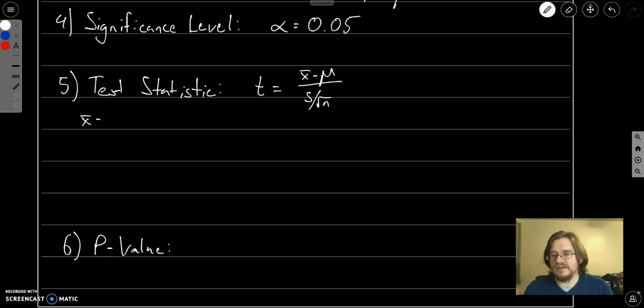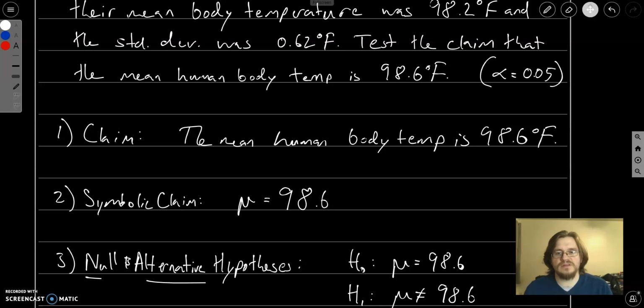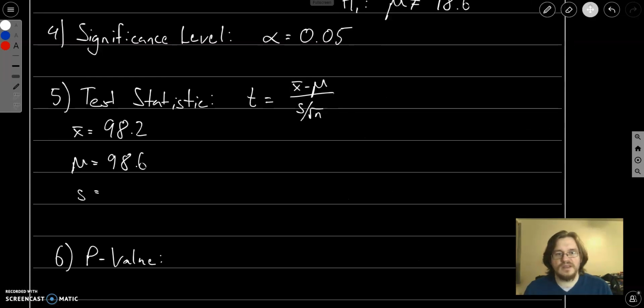So here we have our sample mean was 98.2. The population mean that we are testing is 98.6. Our sample standard deviation was 0.62, I believe. 0.62. And the number of people in the sample was 106.